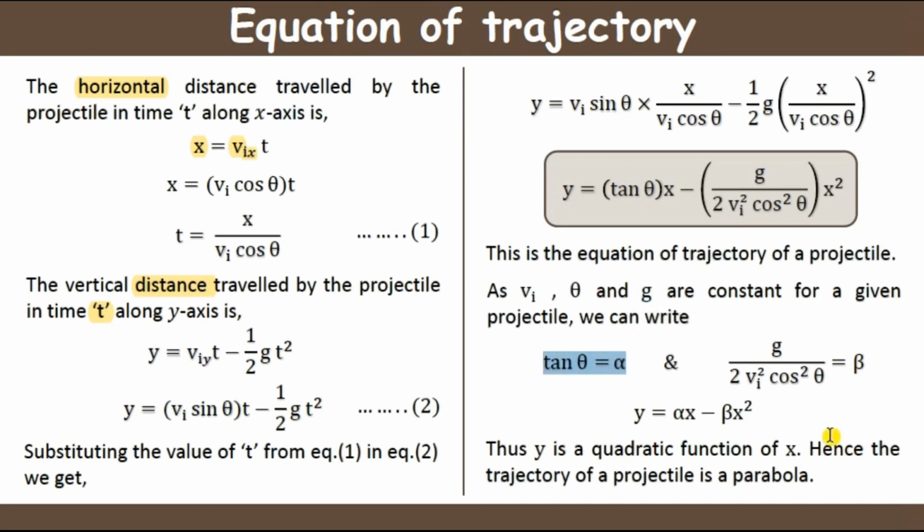That is, we are taking that as the single term so that we are able to get a common comparison for this equation of the trajectory. And the second whole term we are taking as beta, which gives us the quadratic equation, right? Obviously the solution of this quadratic equation is going to be a parabola, right? So we are able to say that the motion we are having here is going to be the projectile motion only, right?